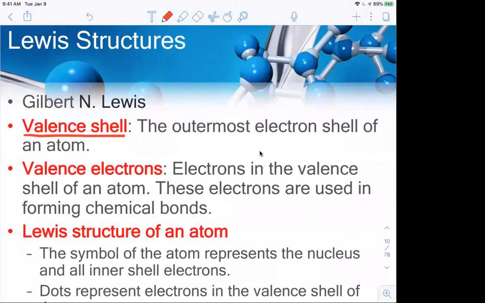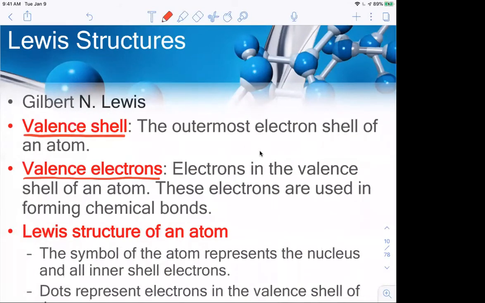Valence electrons are used in forming chemical bonds. So the valence electrons are those electrons found in that outermost shell as I'm filling electrons in my orbitals, and I know that these are the electrons that are actually involved in forming chemical bonds.